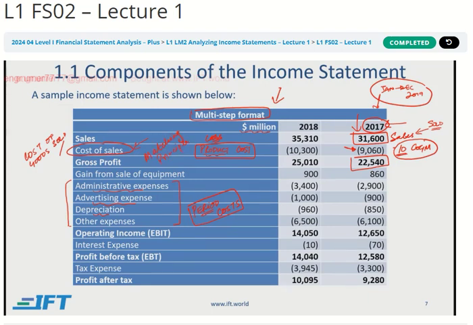Matching principle means we must show the sales and the cost in a matching way, where the sales of the products which are conducted in a given period should be shown in that period, and the matching expenses or the matching costs should be shown in that period, right? So here, with respect to the product cost, only those product costs are shown over here which are related to the products which are sold in this period. Any other products which are manufactured in this period will not be shown here.